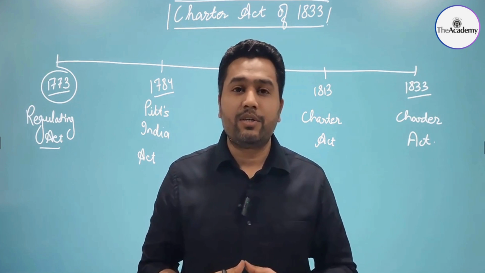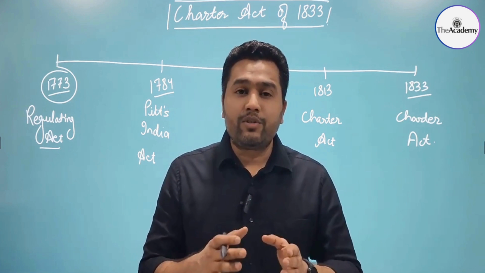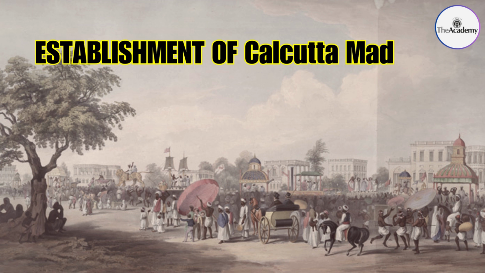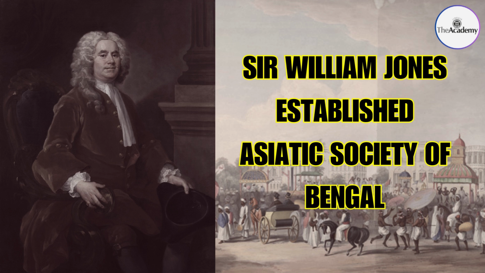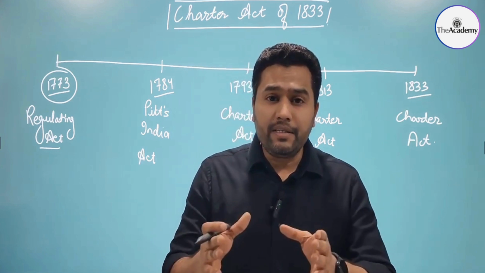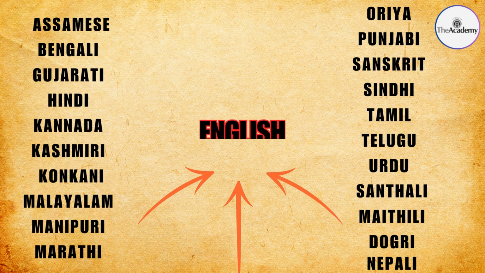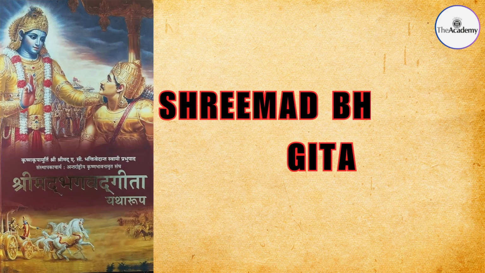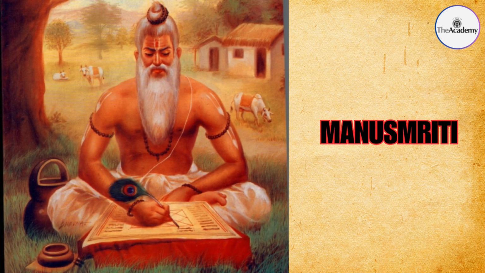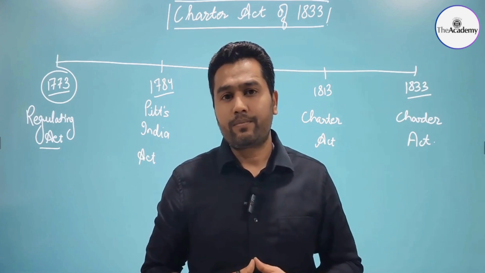So Warren Hastings, during his time period, we saw establishment of Calcutta Madrasa in 1781. Sir William Jones established Asiatic Society of Bengal. Indian texts were translated into English language. Abhijnanashakuntalam, Bhagavad Gita, Manusmriti, they all were translated into English.